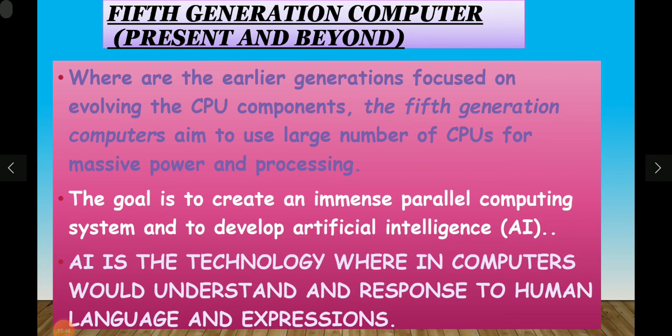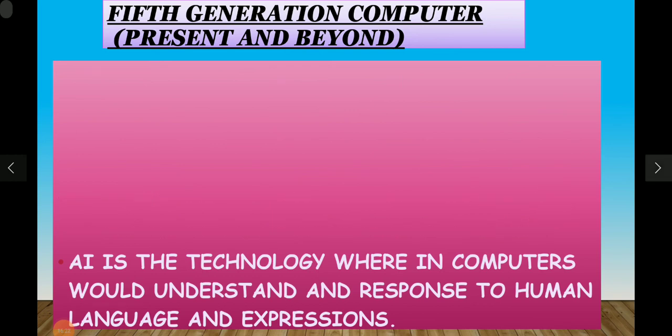Now we need a special language for a computer, like C, C++, which we will study in our university or graduation level. In the next generations, or today itself, we are using Google voice and Amazon Alexa. We are just saying what we want to be done and the machine reacts like a human being. It understands what we are saying. That is called artificial intelligence. This will be the more powerful computers than ever before.